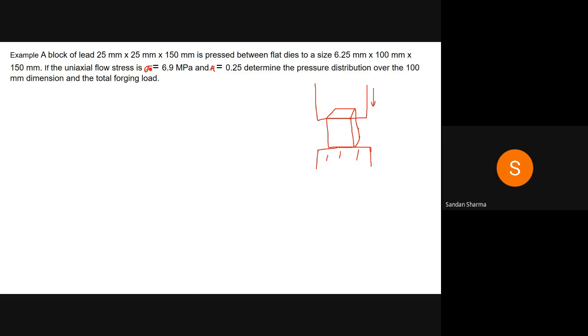This length is 25, this one is also 25, and this length is 150. Once you apply the pressure P, it will get squeezed and take a shape like that.